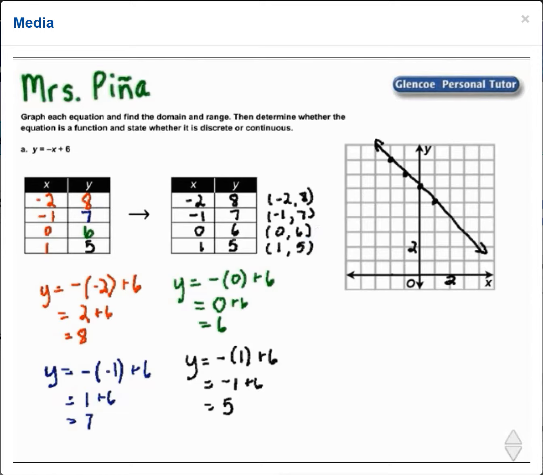And if you wanted to plot those on your graph, -2, 8 is the first point, -1, 7, 0, 6, and 1, 5.